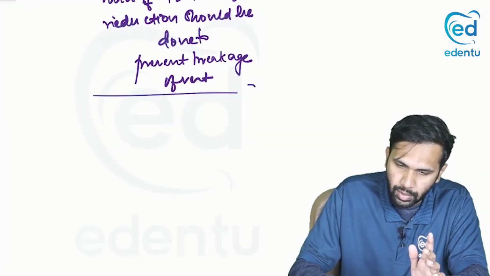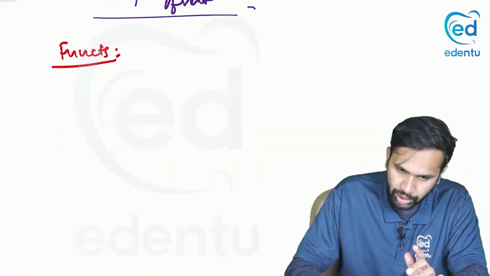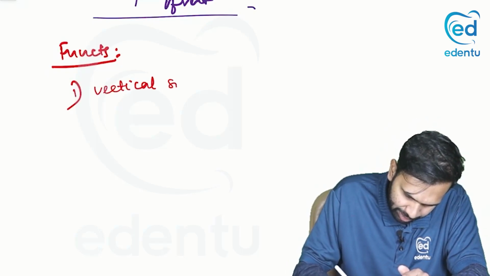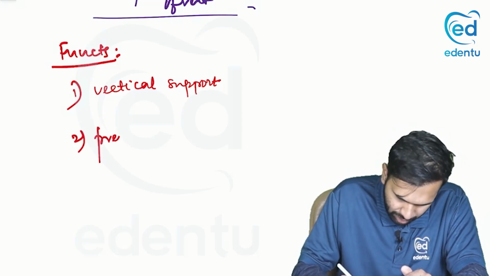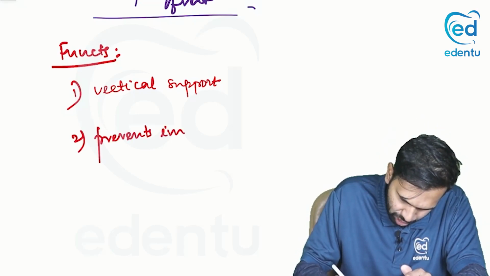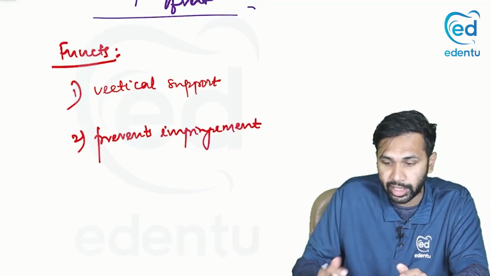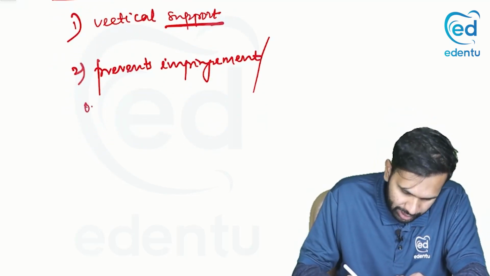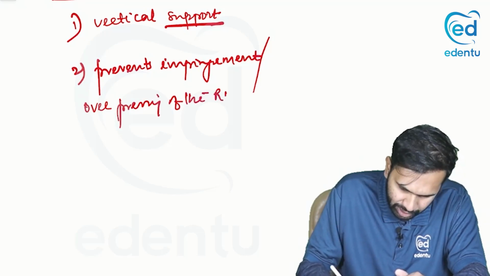Right? Now, coming to the functions of your rest, most importantly, it should provide vertical support. Vertical support, you're understanding, right? To withstand the masticatory load, that is support. Next, it prevents impingement, that is overpressing of the RPD into the tissue.